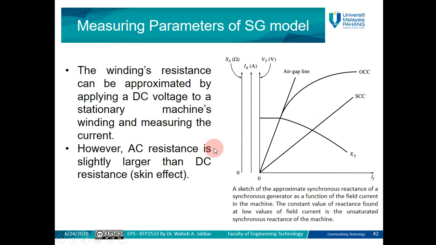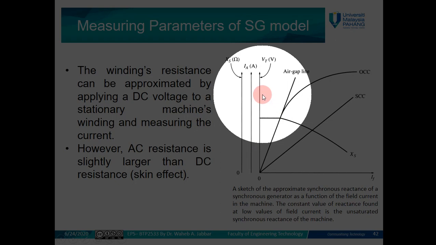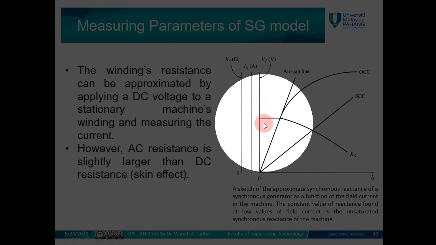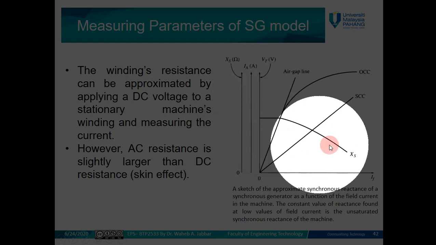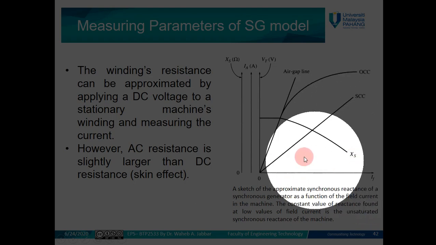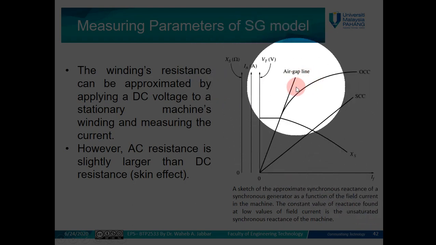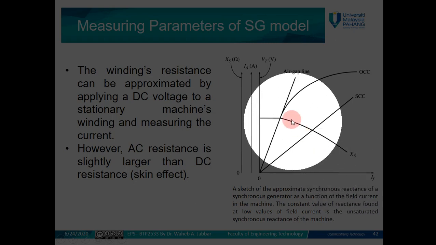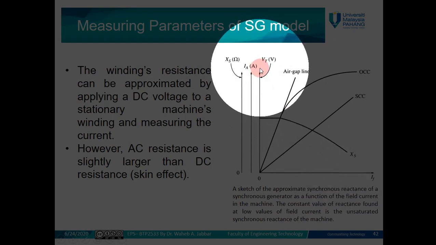This is the characteristic, or the sketch, which can be used to calculate the value of XS from the two tests, the open circuit test and the short circuit test. The short circuit test shows the relation between IF and IA. The open circuit test shows the relation between IF and EA, or terminal voltage, here.